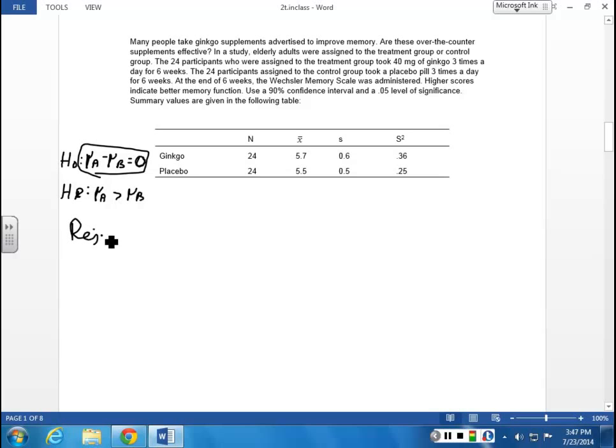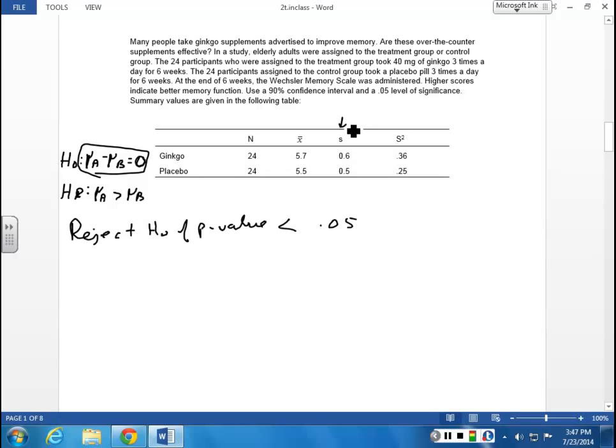We're going to reject H0 if the p-value is less than 0.05, and we'll have to use our calculators to get the p-value on this. So stat, test, 2-SampTTest, enter your information, making sure you put standard deviation, not variance.